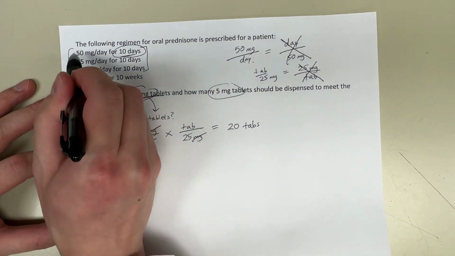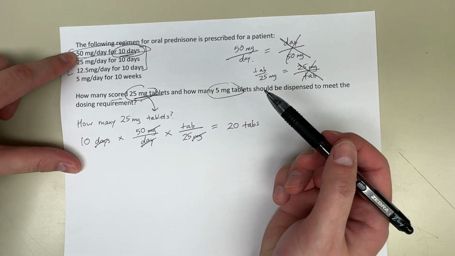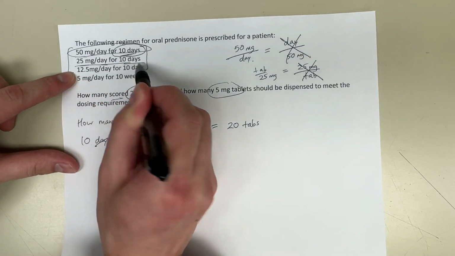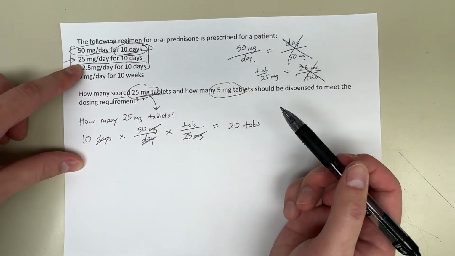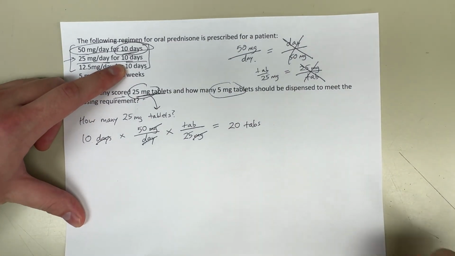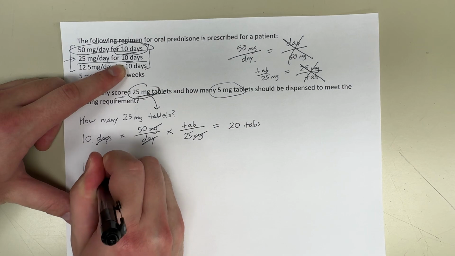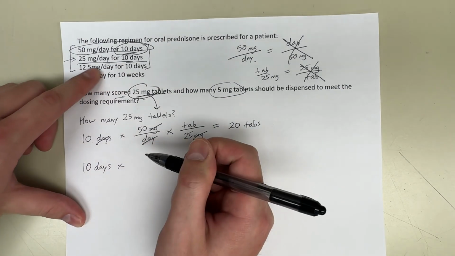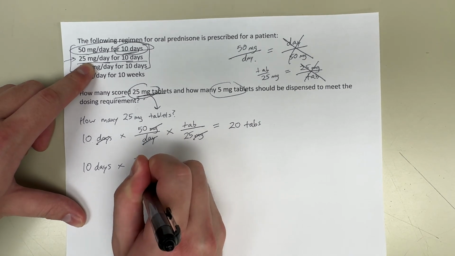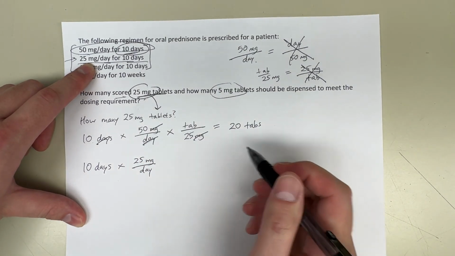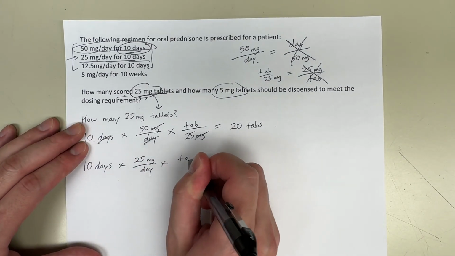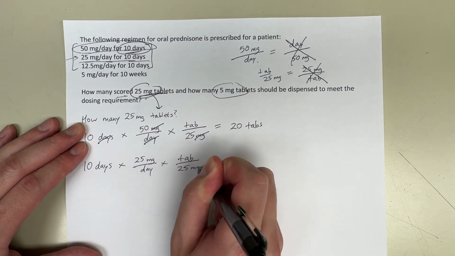So I just calculated 20 tablets for this top line. Now I'm going to move on to this second line to figure out how many 25 milligram tablets I need here. Same thing: we start with 10 days, multiplied by 25 milligrams per day, and there are 25 milligrams in each tablet.